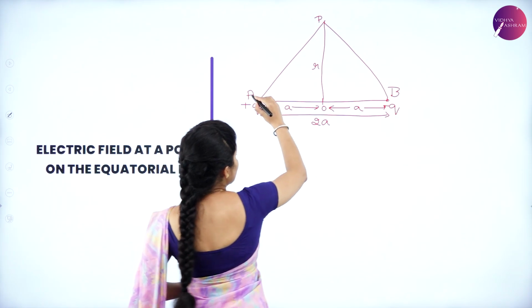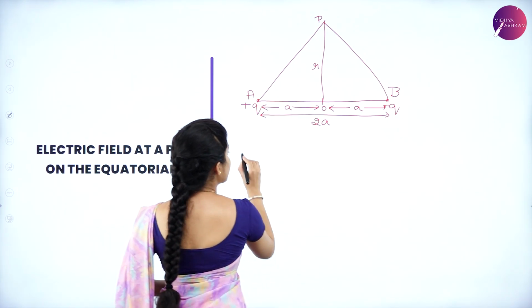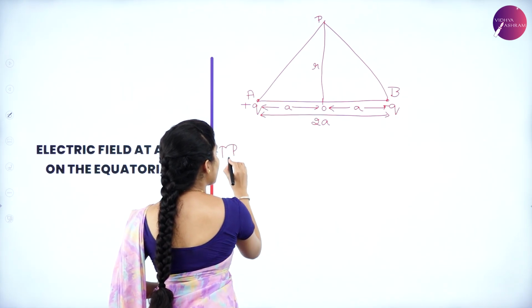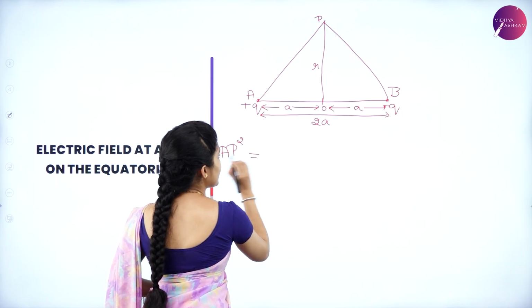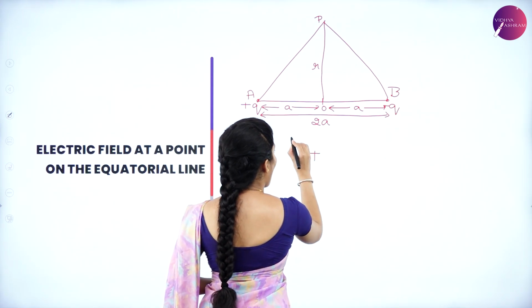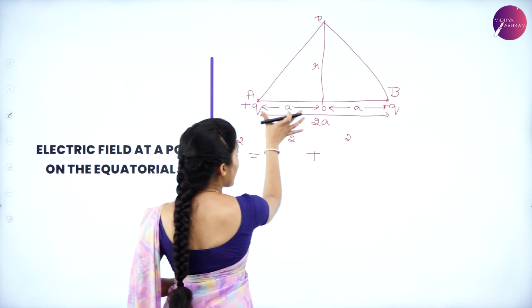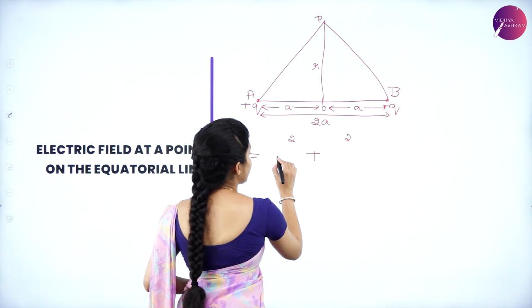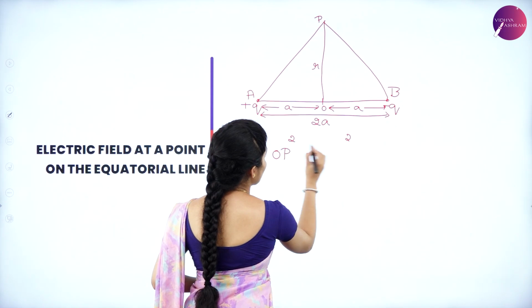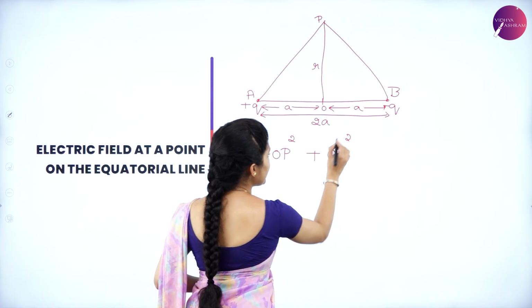That is, you need to know the distance AP. So square of the hypotenuse is equal to the sum of squares of the other 2 sides. So it can be OP square and OA square.